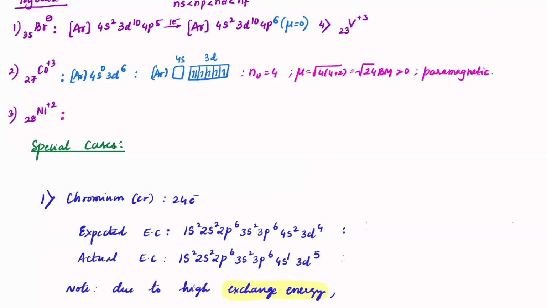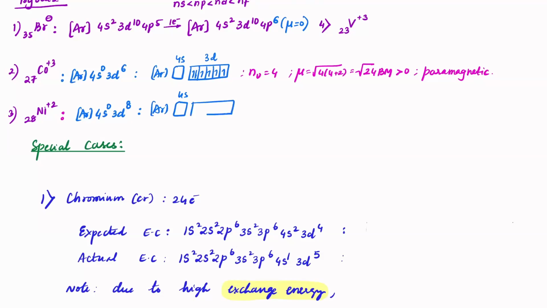Nice. So when it comes to nickel plus 2, this will have a very similar configuration. So that is going to be 4s0 and 3d8, because nickel is supposed to be 28. Out of 28, 2 electrons have been removed. 4s is the outermost one, so we have to remove those electrons first from 4s. As we've done that, now if I distribute these electrons, this is argon, 4s is empty.